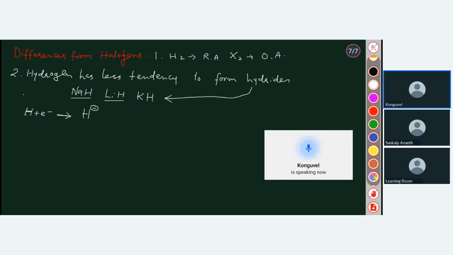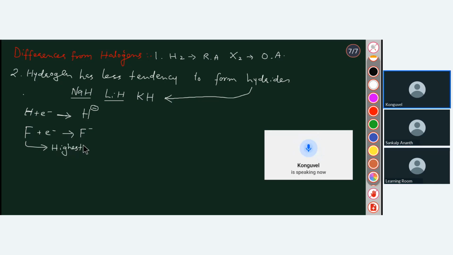So what about halogens? Halogens can easily gain an electron. For example, fluorine can easily gain an electron to form F negative because it is highly electronegative. Hydrogen is not that electronegative. Fluorine has the highest electronegativity in the whole periodic table.